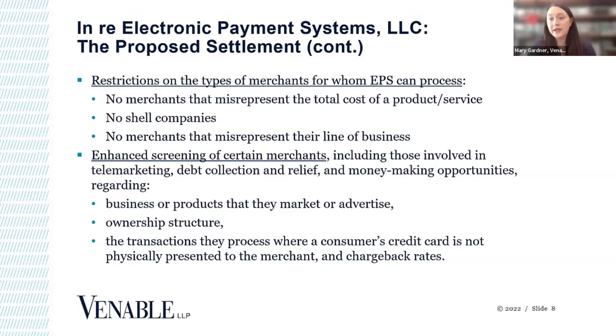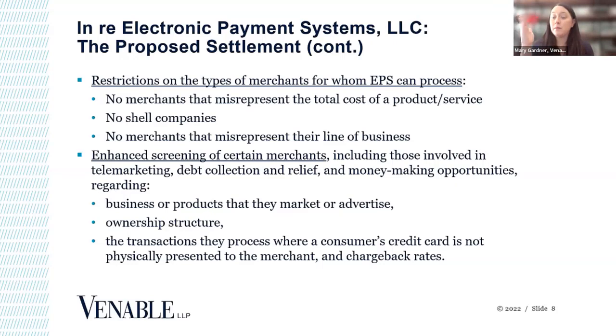And then there are also enhanced screening provisions for certain categories of merchants. And that included any merchants who were doing telemarketing, debt collection, money-making opportunities, as well as consumer credit companies, rental leasing agencies, and job listing services.